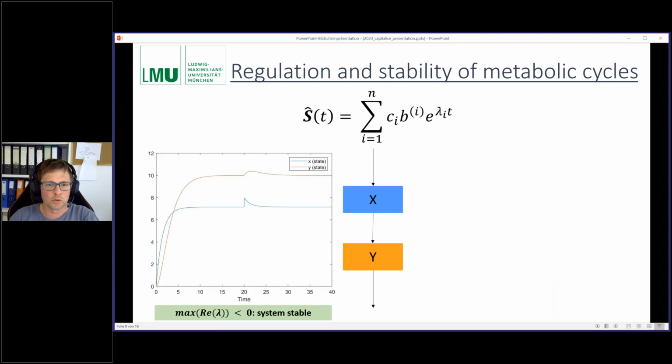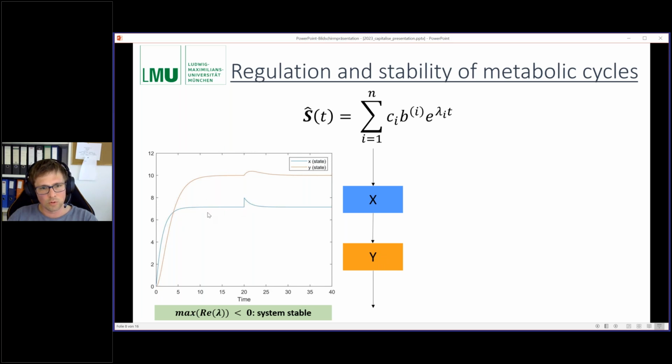So in order to show what this means in a less abstract manner, what you see here is a simulation over time of two metabolic states termed X and Y, any arbitrary metabolites behind that. We've got one input function which feeds X, and then X is interconverted into Y, which leaves the system.